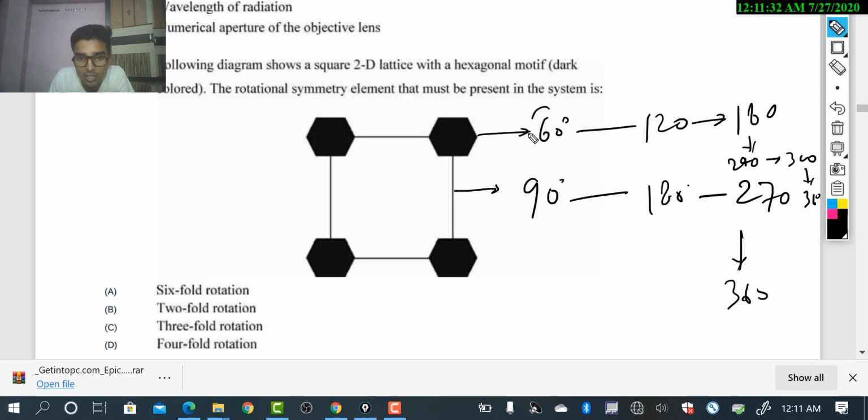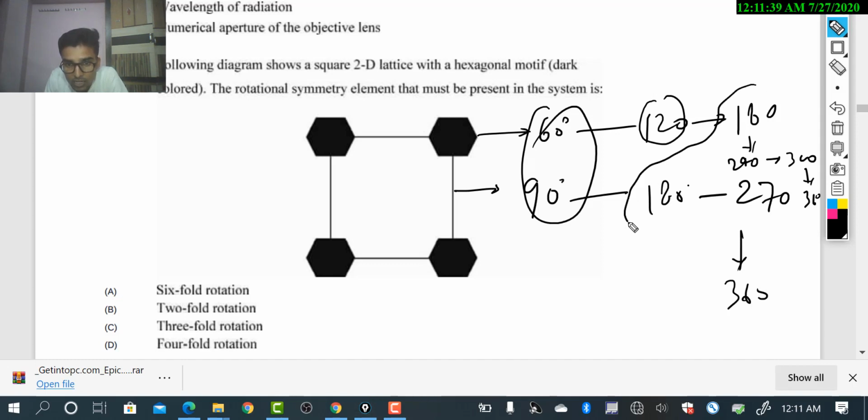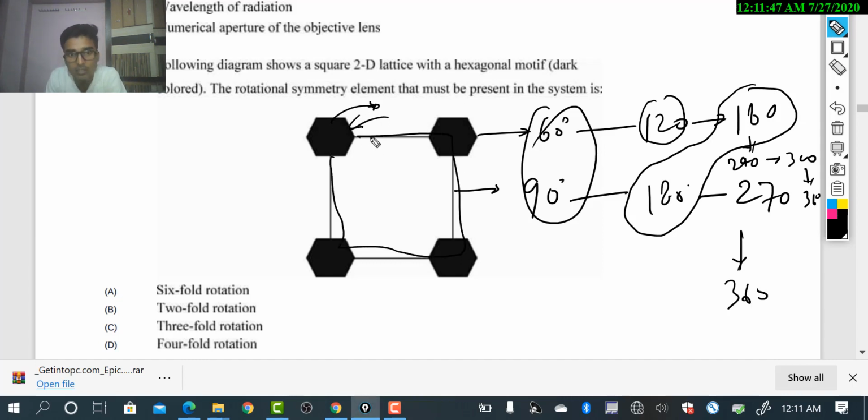After 60 degrees both will not repeat, after 120 degrees no, both will not, but after 180 degrees, the hexagon is repeating itself, and the square is also repeating itself. It means 180 degrees is the common rotational element for both.